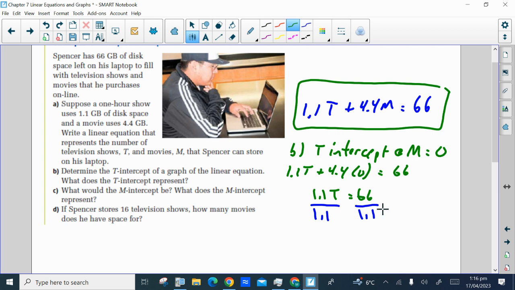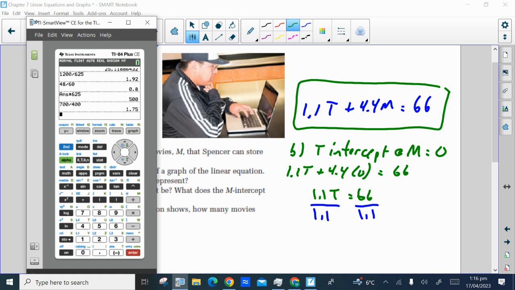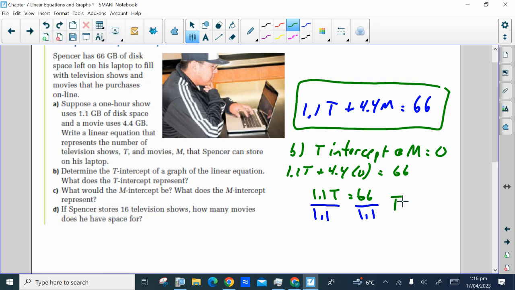And 66 divided by 1.1 is 60. Which means that he could download 60 shows if he does not download any movies. And we'll write a concluding statement at the end after we do part C.